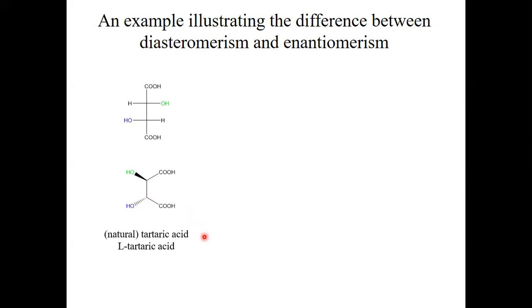All right. So now, in addition to this isomer, we have the D-tartaric acid, and the Fischer projection is shown here. In the D-tartaric acid, this OH group points to the left, and this OH group points to the right.